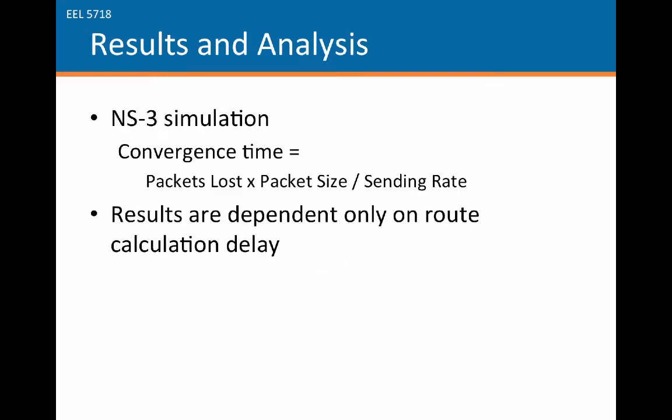So now this is the part that we actually did, which is the NS3 simulation. So we ran both SRP and OSPF, and the main number we are interested in here is what the paper called the convergence time, which is how much time it takes to reestablish or to recalculate all the paths once a link goes down, and the formula is basically packets lost times packet size over sending rate.